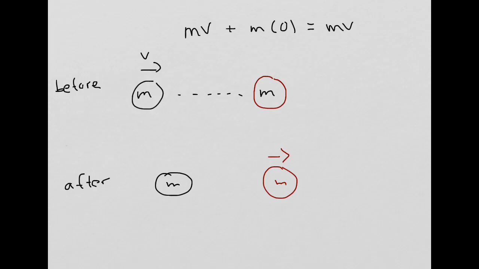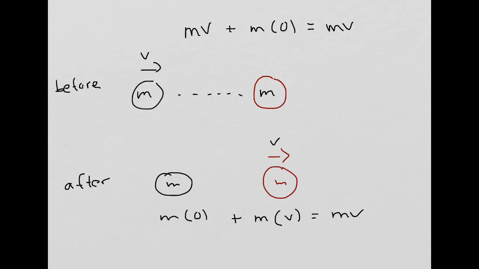And the momentum after is the momentum of the black ball, which is m times 0, because now it's at rest, plus the momentum of the red ball, which now is moving at the same velocity that the black ball was moving at. So that momentum is m times v, and that's also equal to mv. So we see that the momentums are equal before and after the collision.